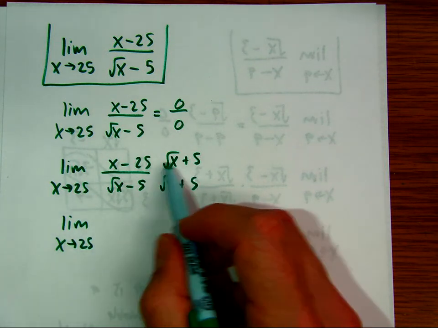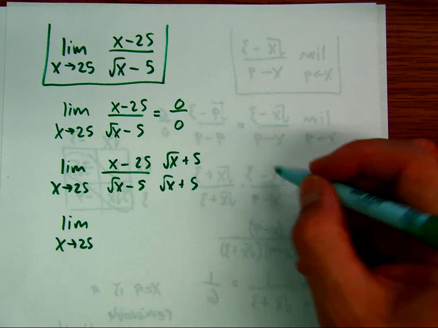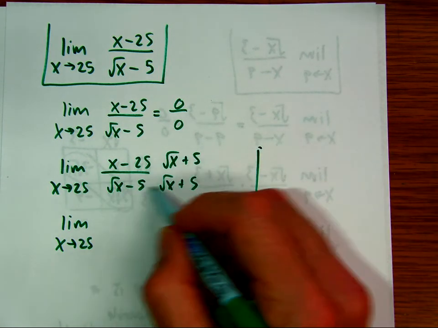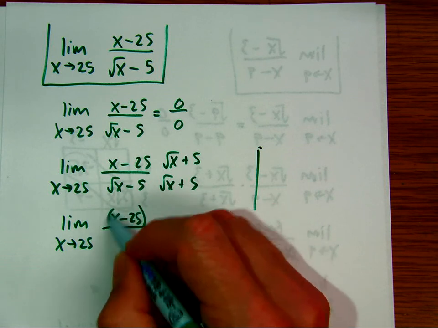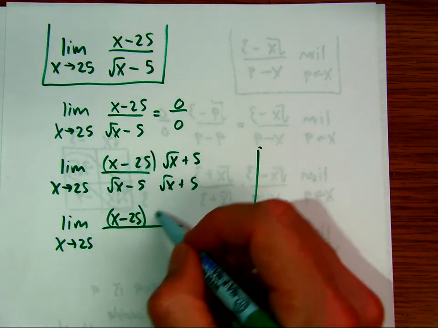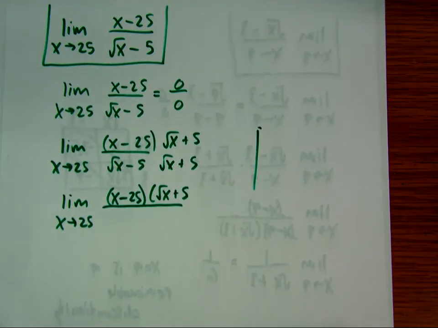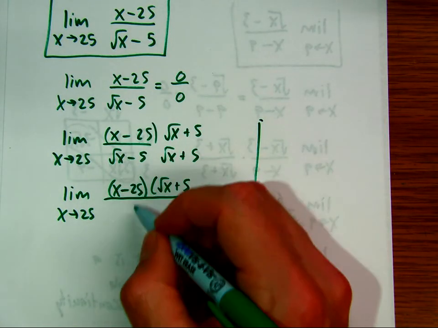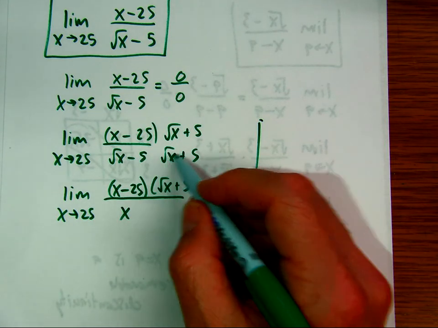So when we multiply this, we better do that over here. No, we're not going to expand that. But when we multiply this, leave this the way it is. Leave that the way it is. And now multiplying the denominator, we'll get radical x times radical x is x. Negative 5 radical x, positive 5 radical x.